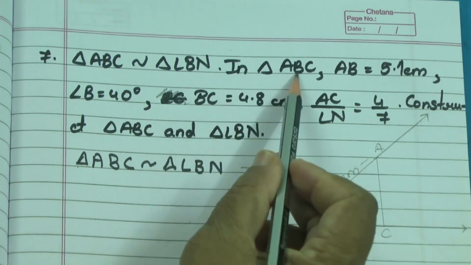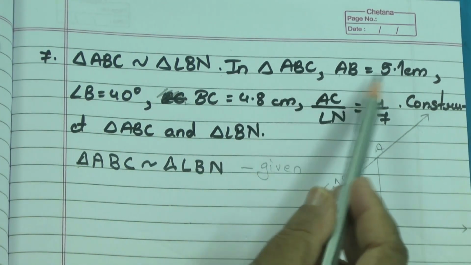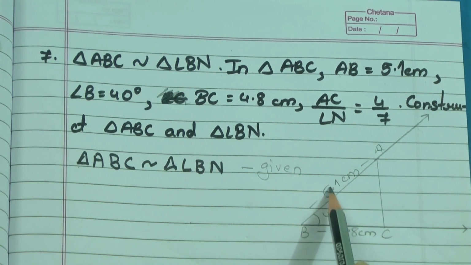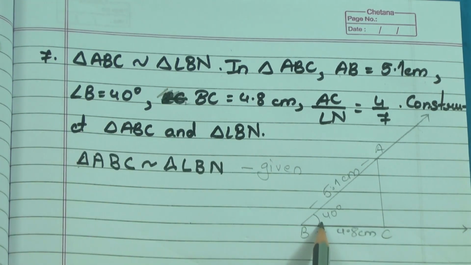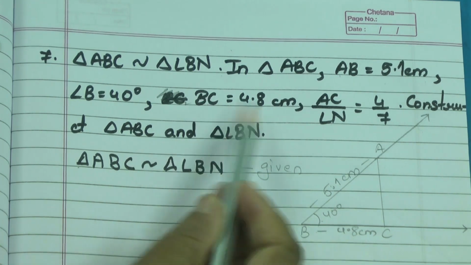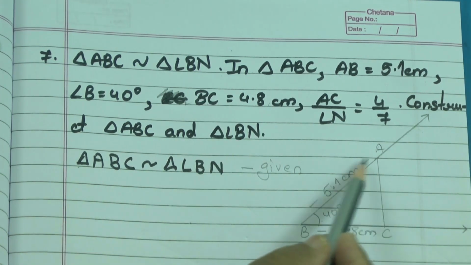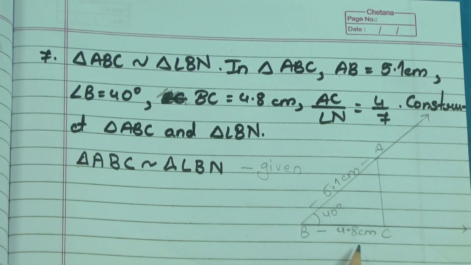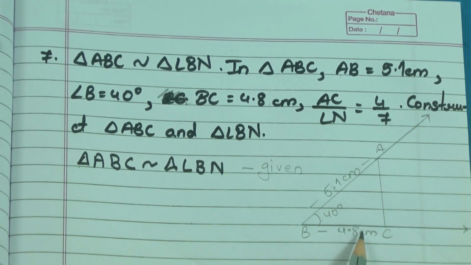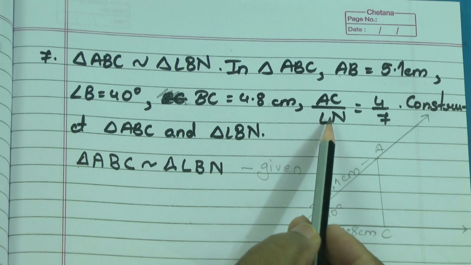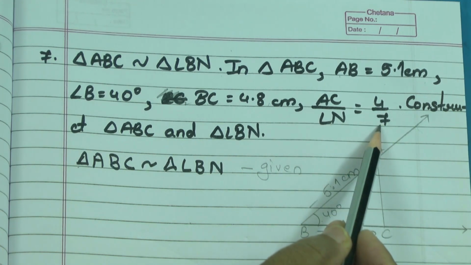Now in triangle ABC, AB is 5.1, angle B is 40 degree and BC is 4.8. So we can easily construct this triangle because all the 3 things are given. But for constructing LBN, AC upon LN is given as 4 upon 7. All other parameters are not given.